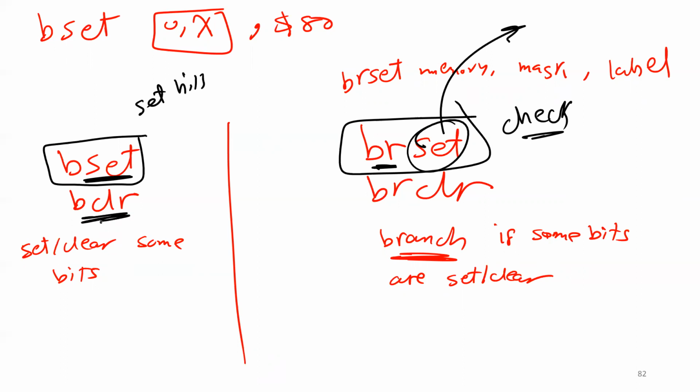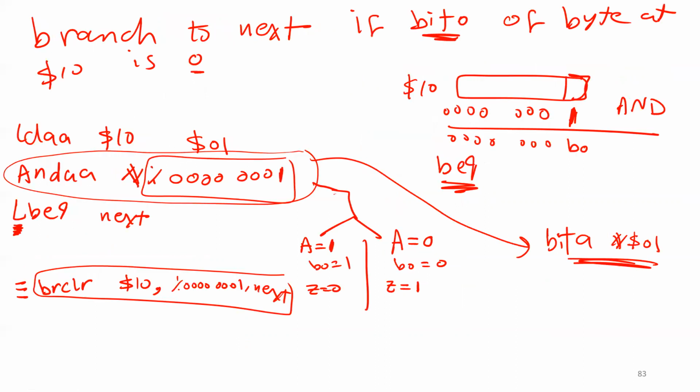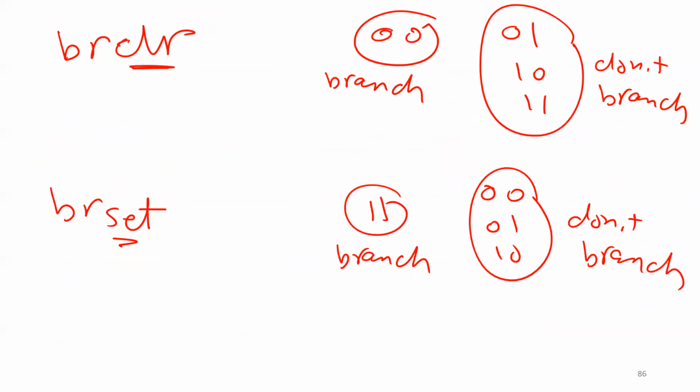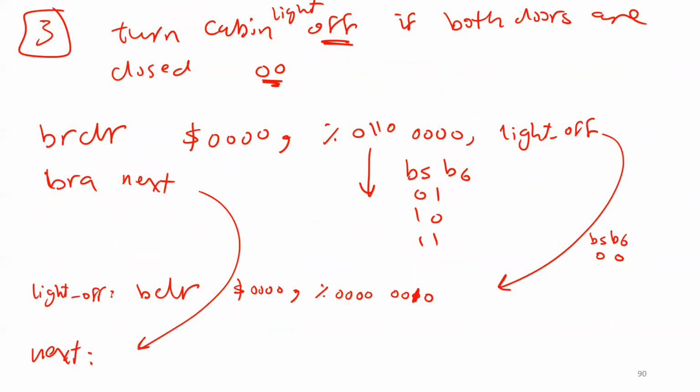Same thing here: bit clear, branch if clear. So every 2 instructions here are very close to each other in the writing, in the English. However, they are doing something completely different. These are branch instructions. These 2 instructions are going to set or clear some bits. Any questions? So let's have more examples here, and then this will be the end of this topic, okay?